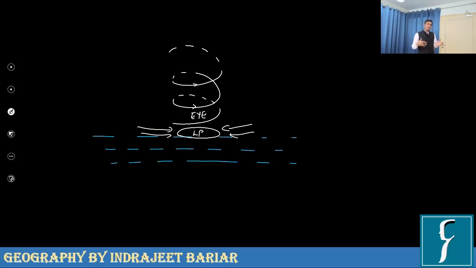So then this eye definitely would become a windless zone. Air is not reaching over here, it would be a windless zone. Now surrounding the eye, the air that is moving around, this is called the eye wall.